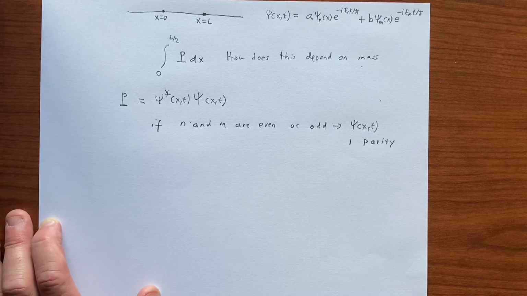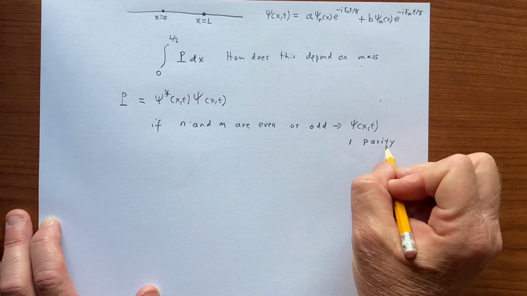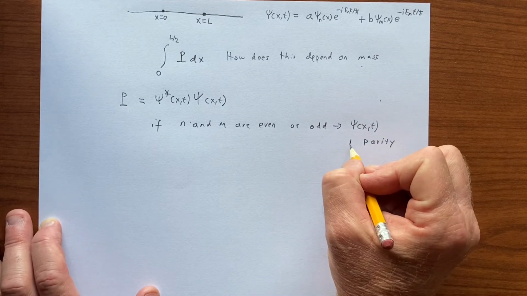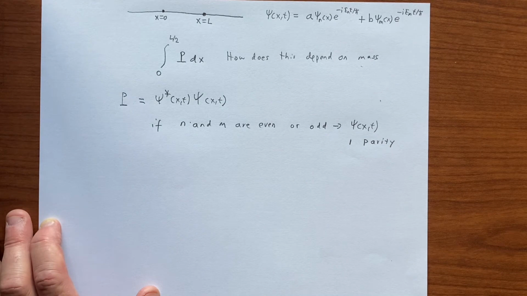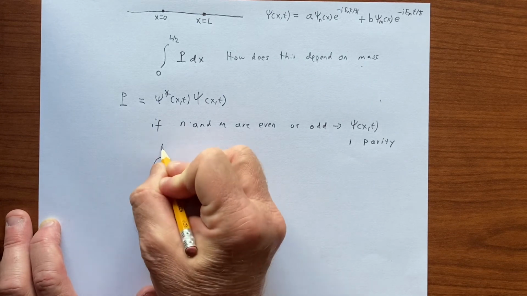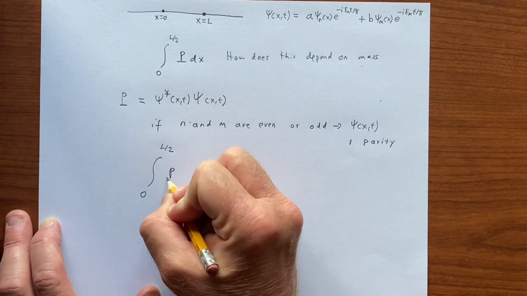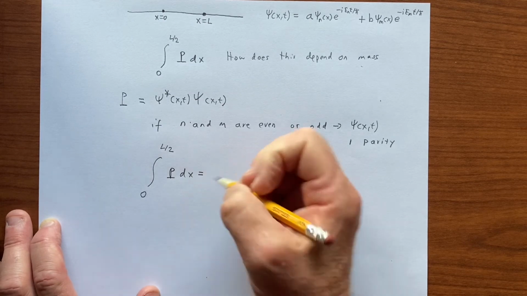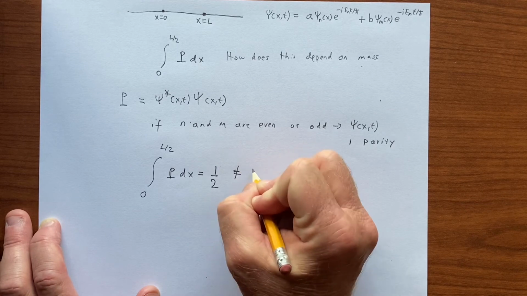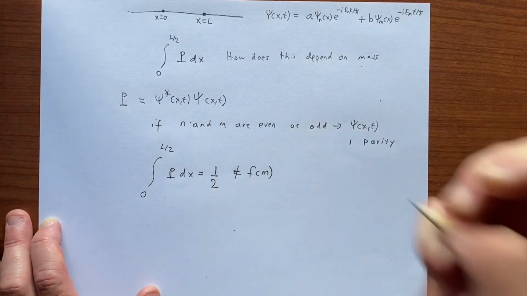But if we have one parity, then the functions can't prefer one side or the other of the well. So it must be true that this quantity gives us 1/2 if we can't distinguish one side or the other, given the parity. And that means that it's not a function of the mass.